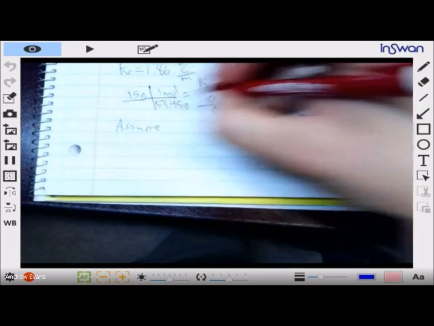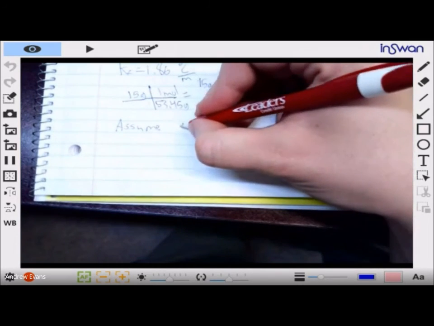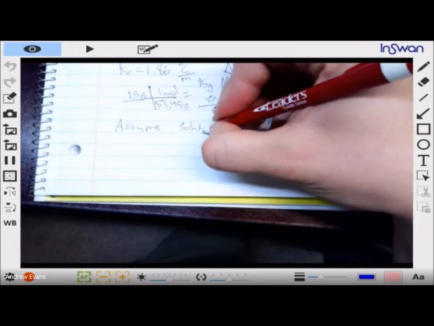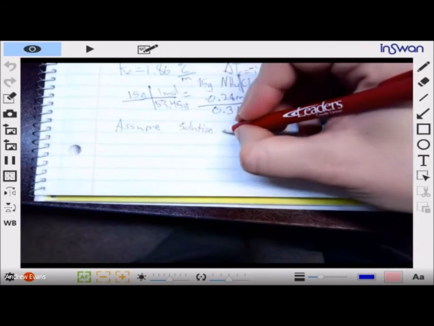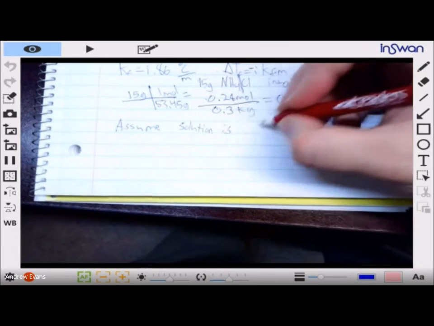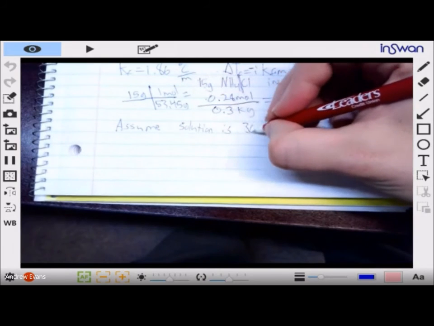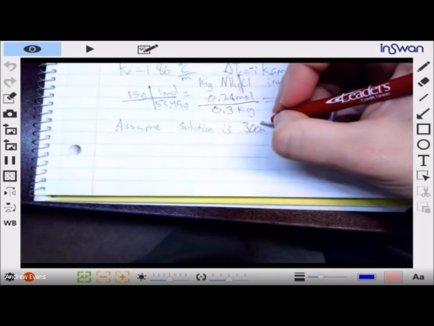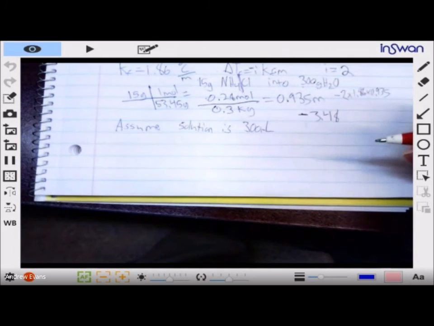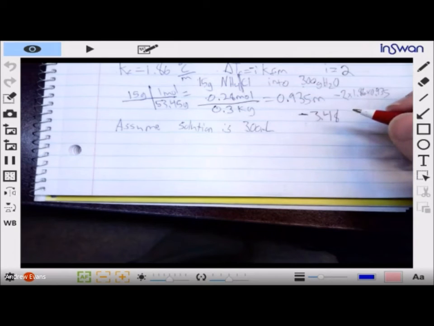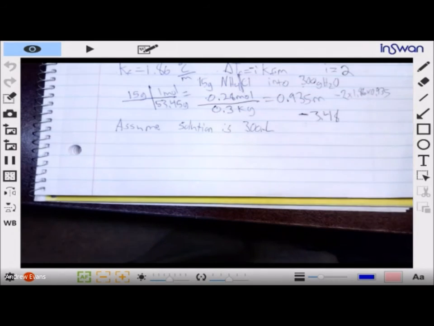We're going to assume that the solution is 300 mils. Now, that's maybe not the best assumption because the ammonium chloride will take up some volume, so it should probably be 301, 302, 310, I don't know.